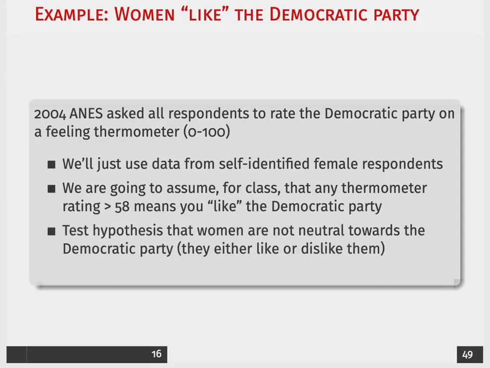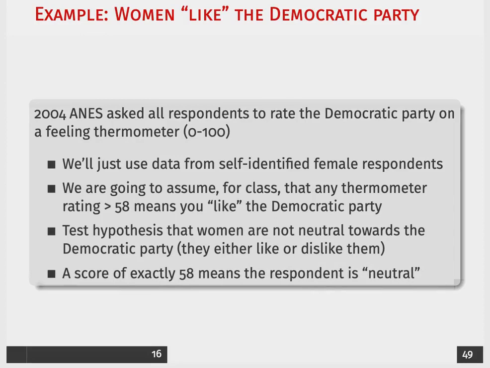But essentially, what we want to do is set up a hypothesis test such that we can reach a conclusion whether or not women like or dislike the Democratic Party on average. So that means in order for you to be neutral, you'd have to have a score of exactly 58. So I'm setting this hypothesis test up in a specific way.